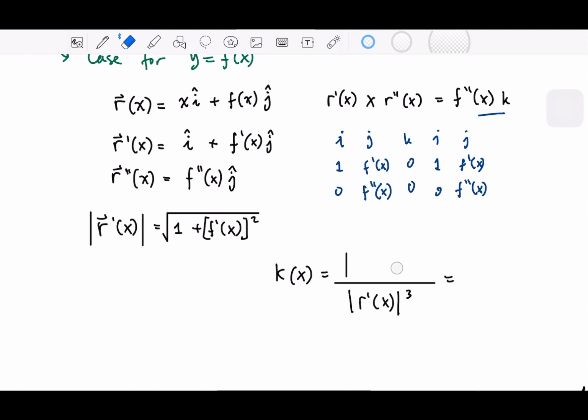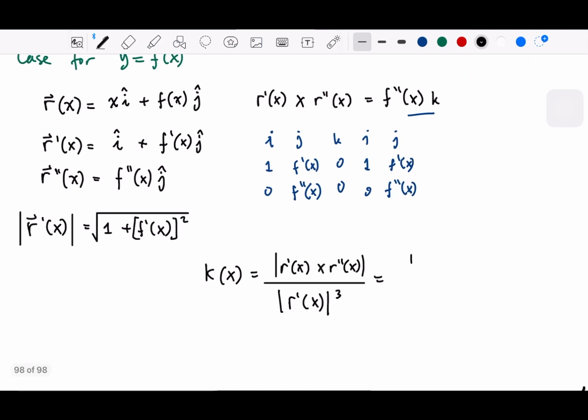We only write the r prime x cross r double prime, then we write 1 by 1. So this will be f double prime x over 1 plus f prime x squared, and then we take the power of 3 over 2. So this is to say that we can also apply it to regular functions as well.